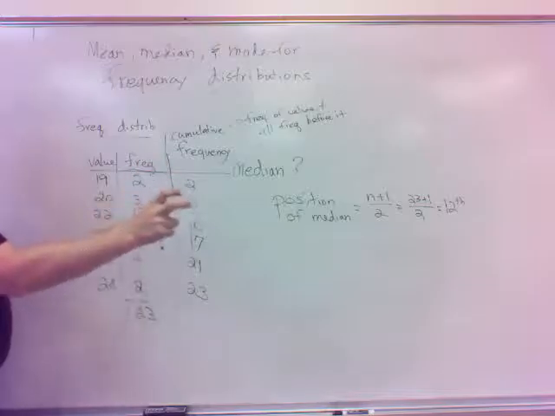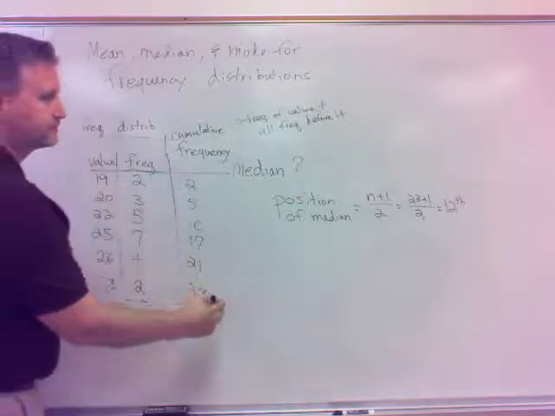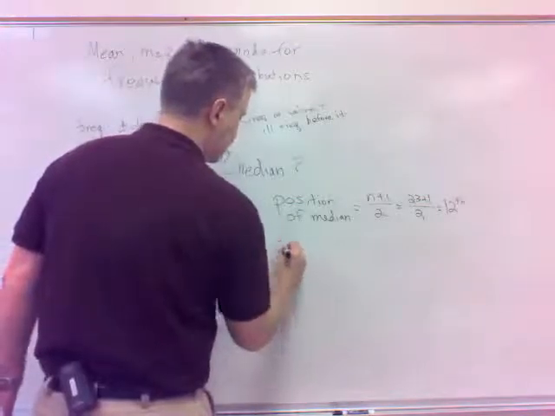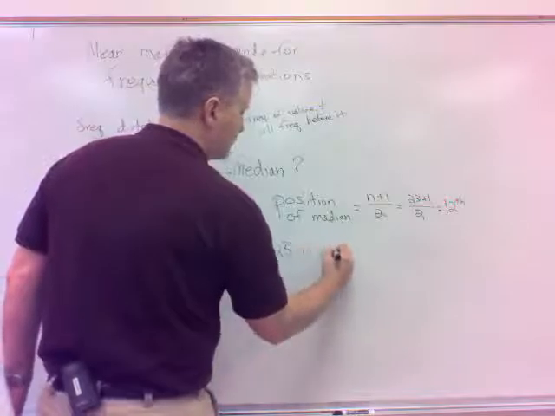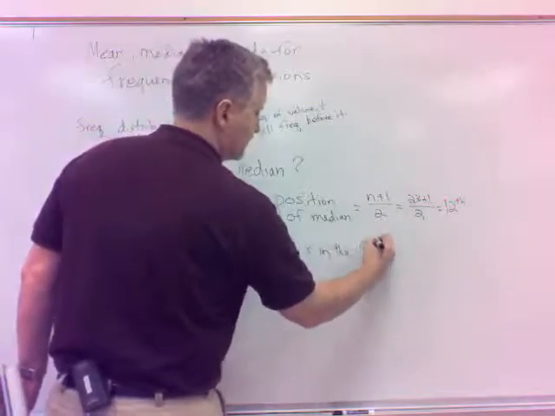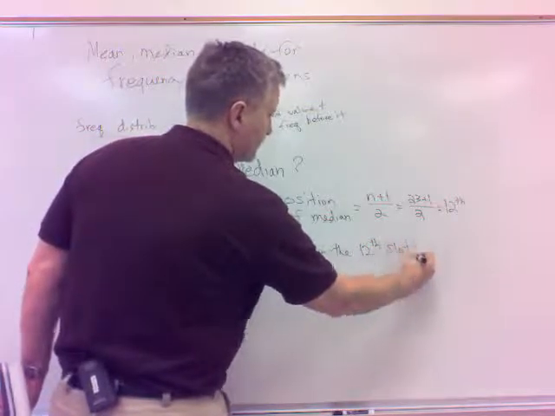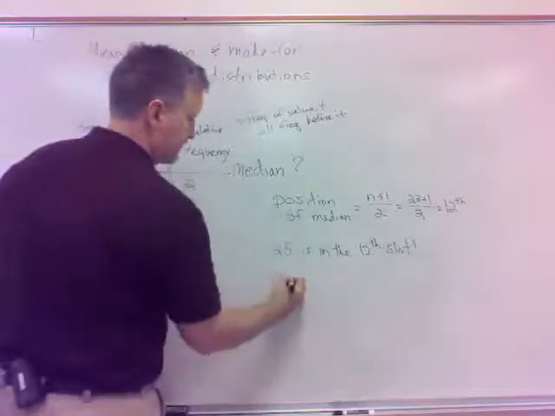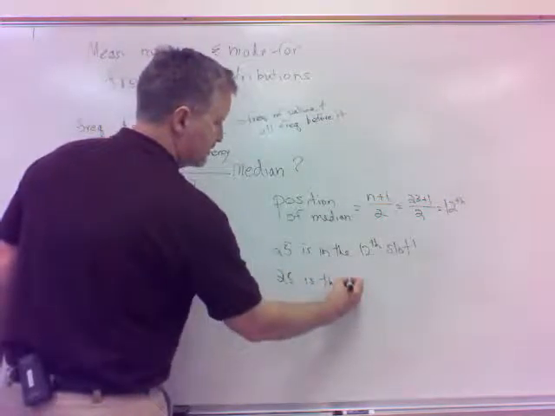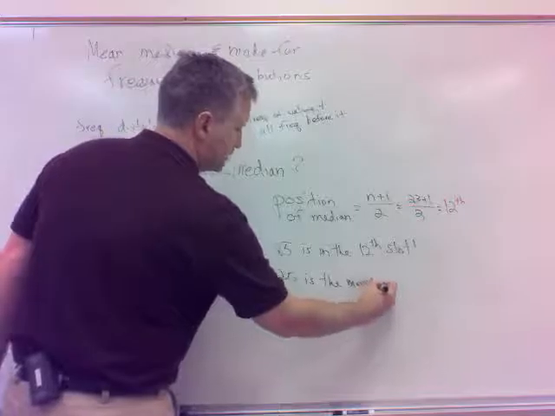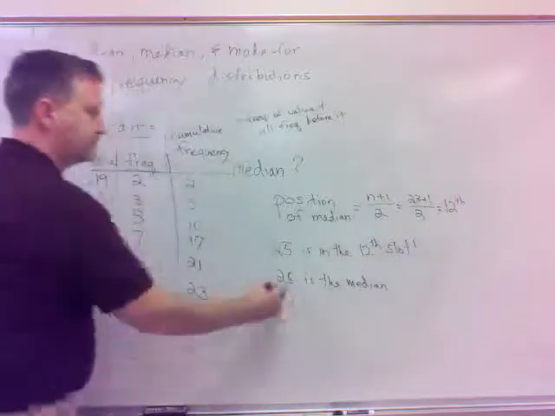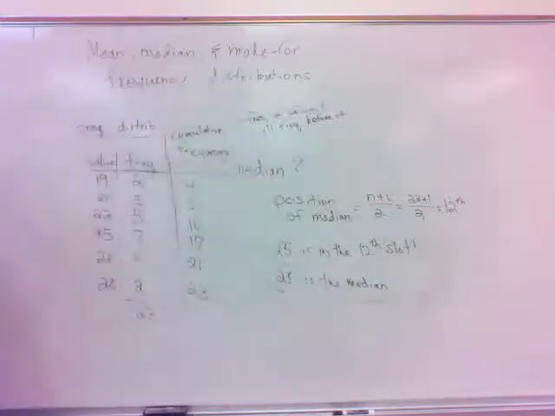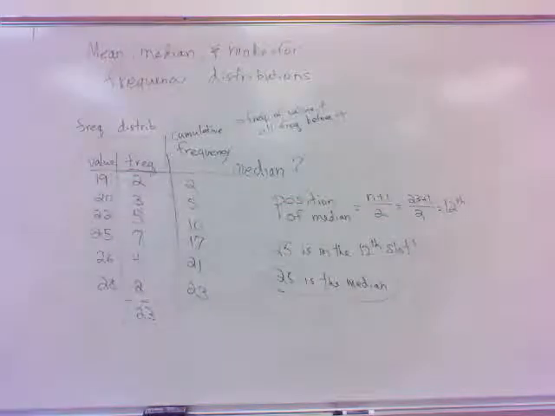So the 25 is in that 12th slot, isn't it? So what does that tell me? 25 is the median. So without having to write them all out, that's another way you can do it.